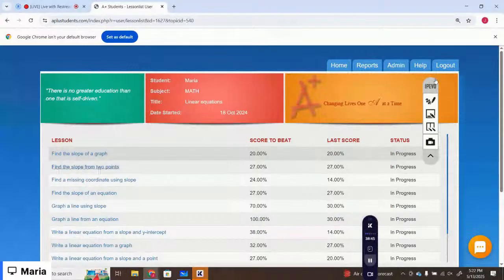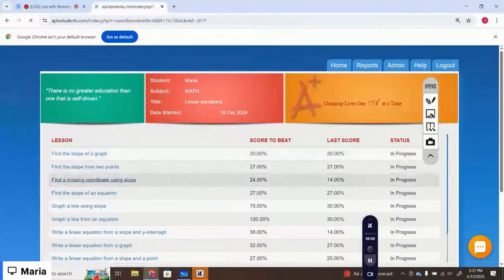The next lesson is find the missing coordinate using slope. When to use the signs?